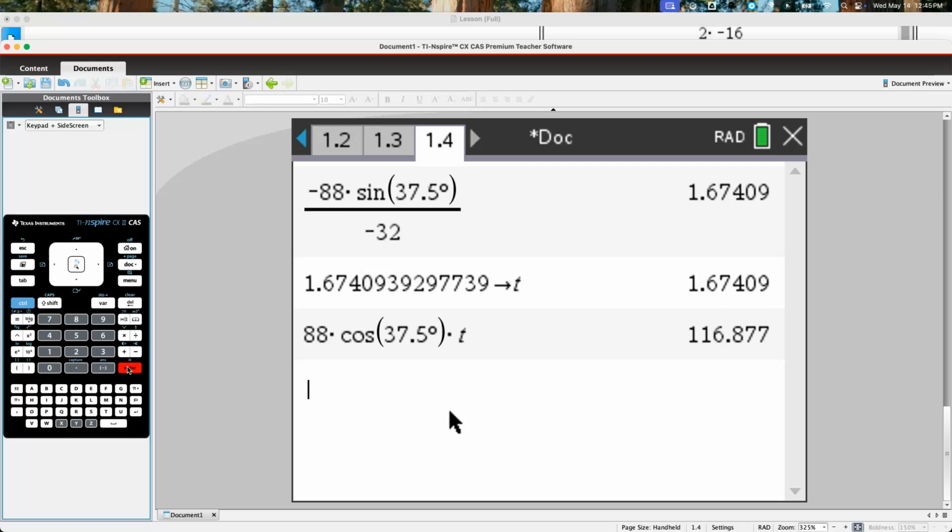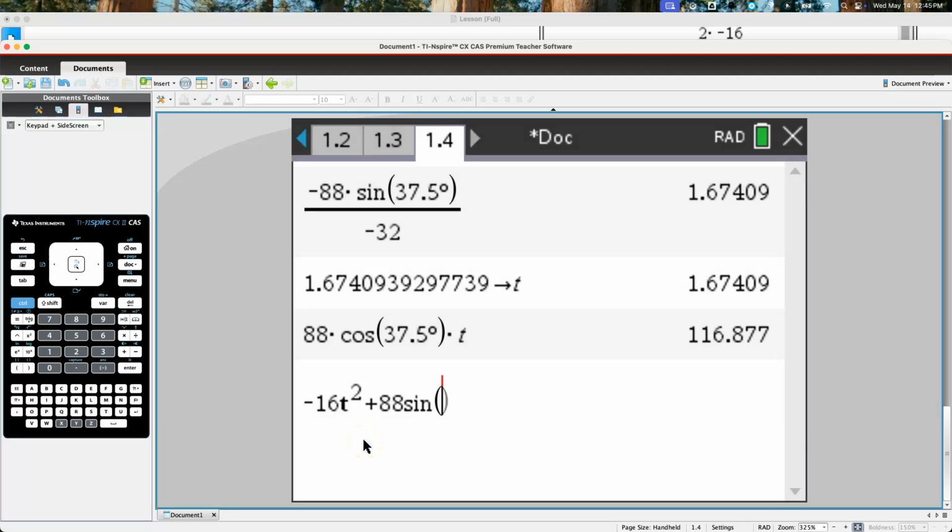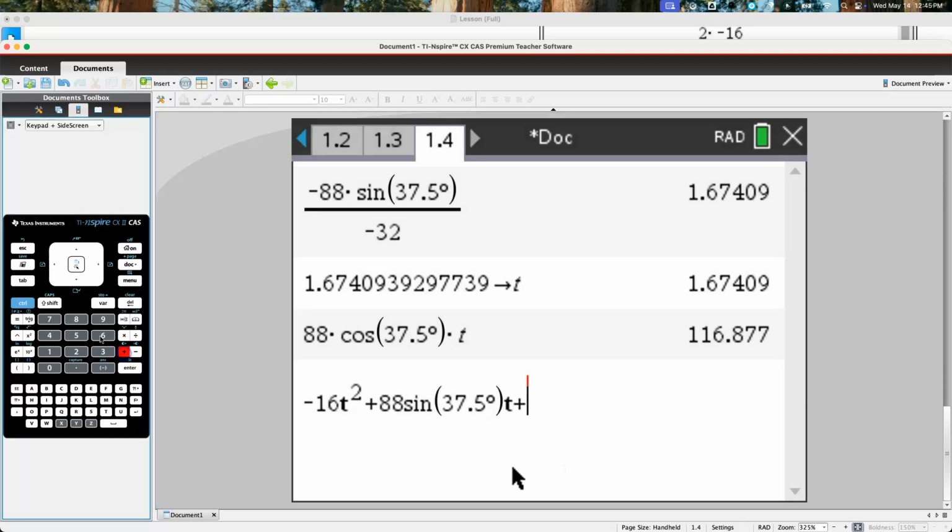So 116.877 feet away, it was at its maximum height. Negative 16 t squared plus 88 sine of 37.5 degrees times t plus 6.